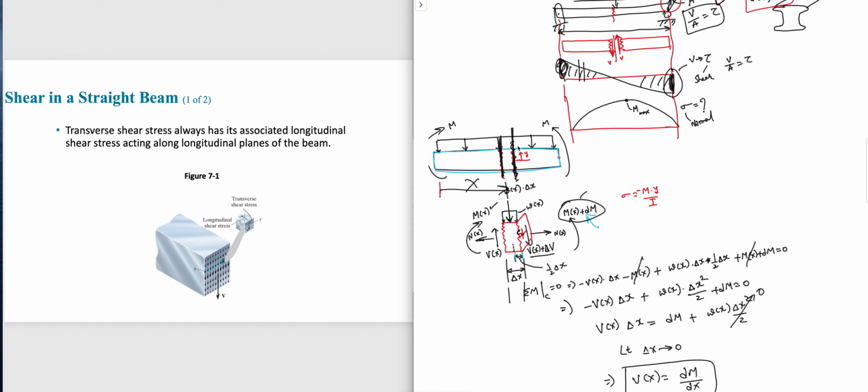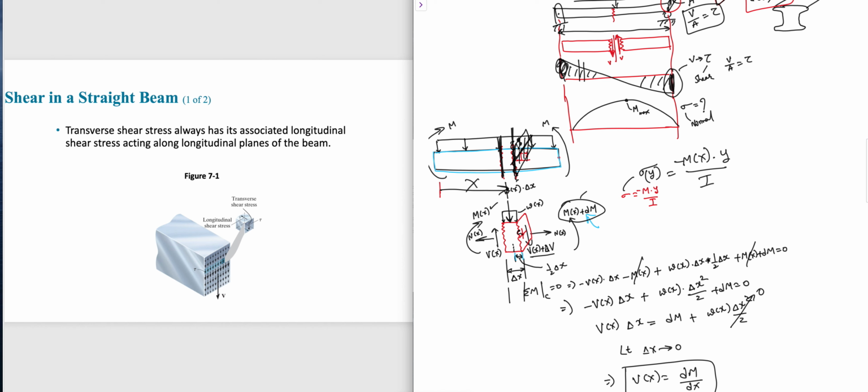So this is moment x plus dM, and this is moment at x longitudinally. But what are we getting? The sigma is a function of y, which is the moment at that cross section times the y position with respect to the centroid of the cross section. It depends on which point we're considering, over the moment of inertia of that cross section, and it's a negative.